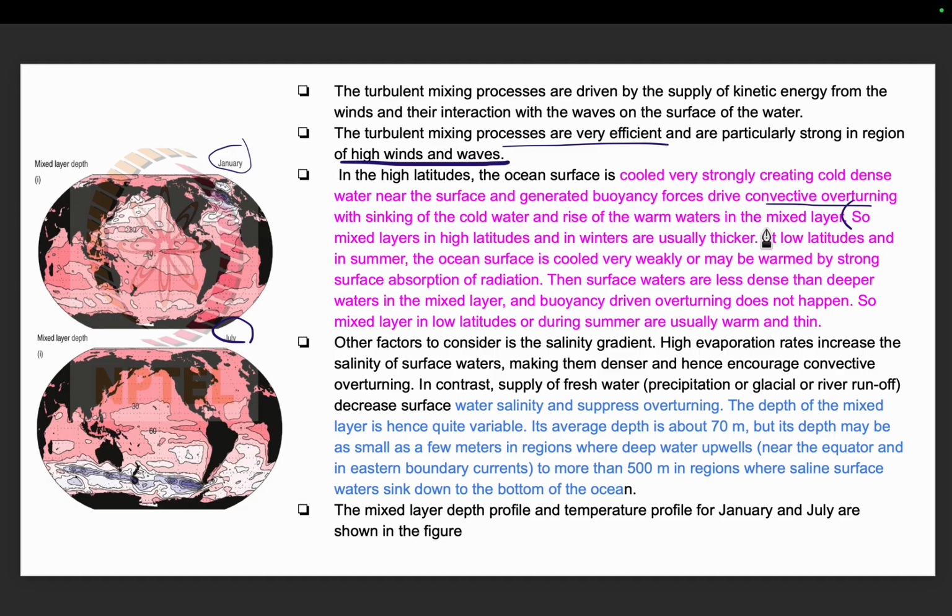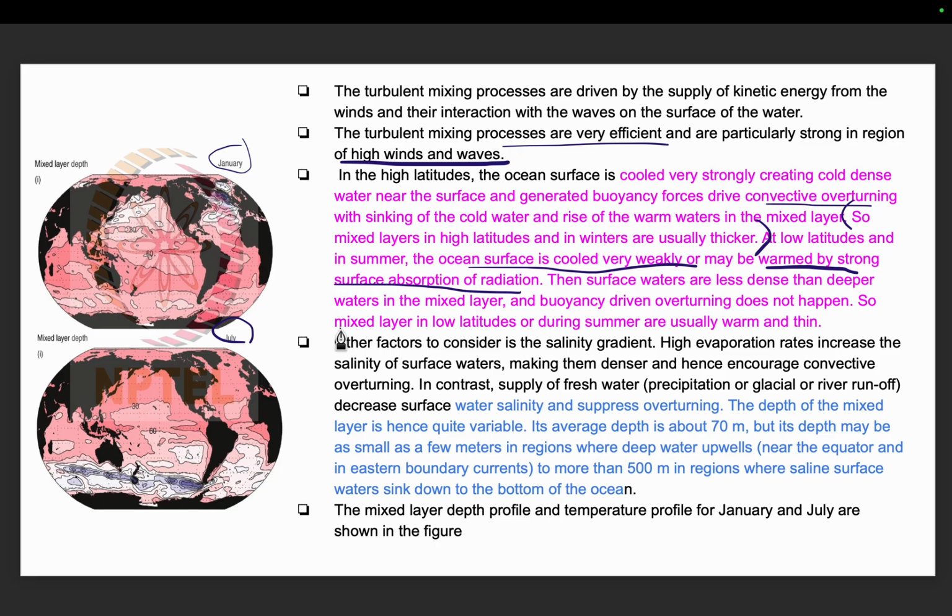At the low latitudes, in the summer, the ocean surface is cooled very weakly and may be warmed by strong surface absorption of radiation. Then surface water is less dense than the deeper waters in the mixed layer, and the buoyancy driven overturning, where cold water sinks down, will not happen.